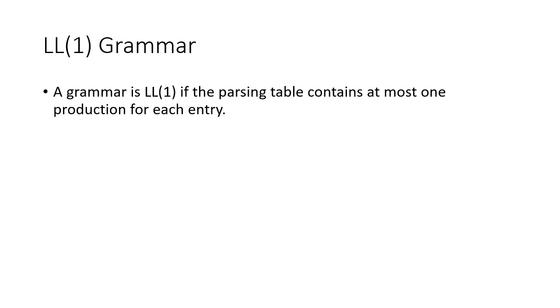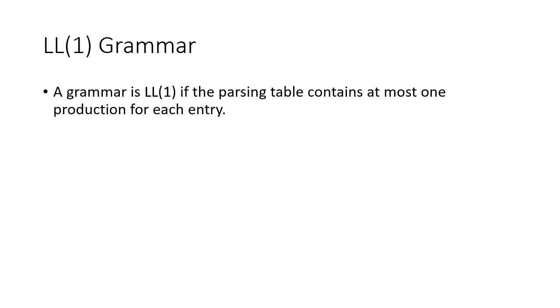So that means if there is one non-terminal symbol, by looking at the next input symbol, you should be able to decide which production is to be used. If you have more than one production for an entry, you will again have to make a decision as to which one to apply. So you will not be able to use the parsing algorithm for LL1. So for a grammar to be LL1, the parsing table should contain at most one production for each entry.